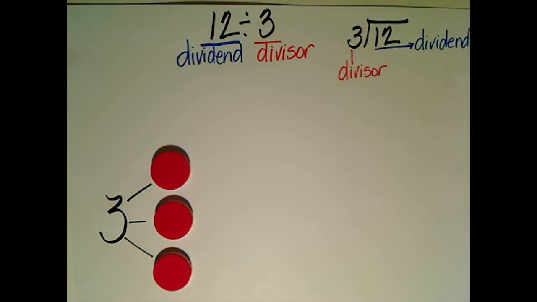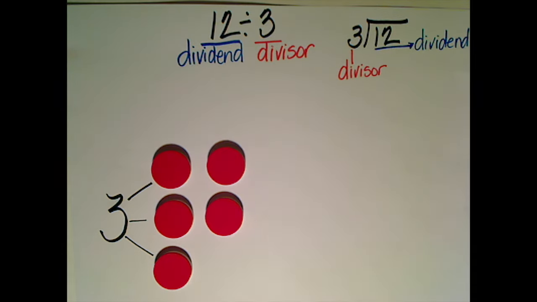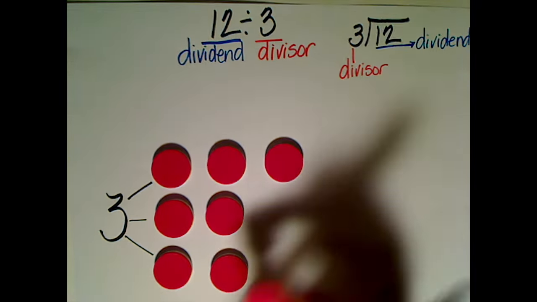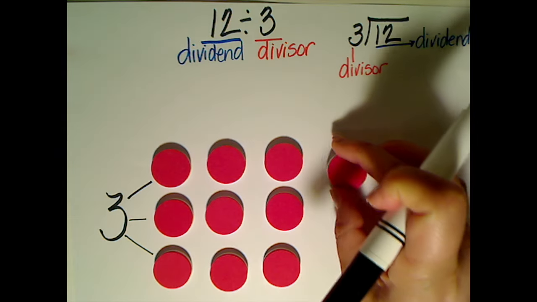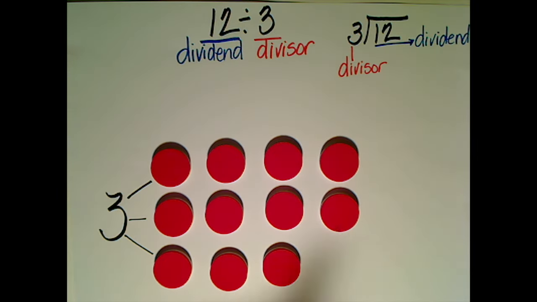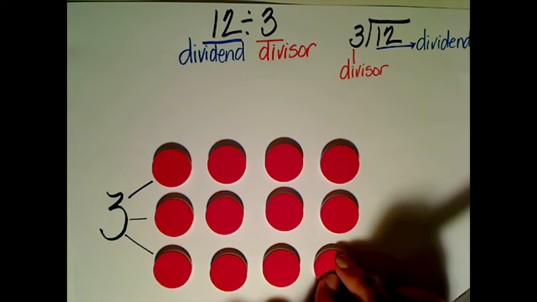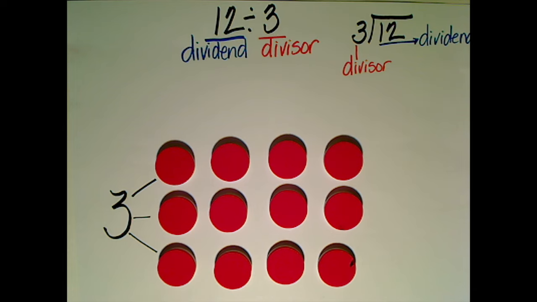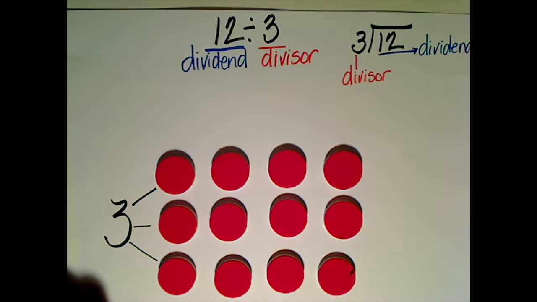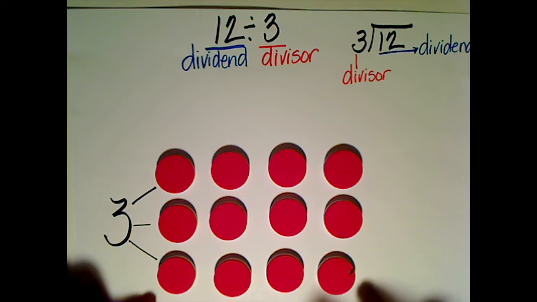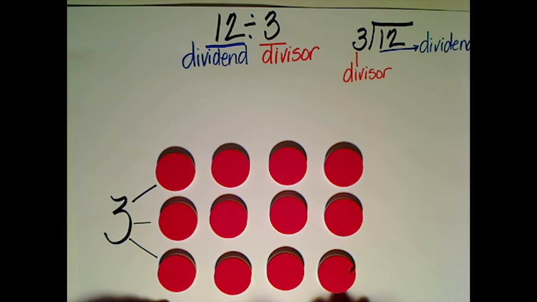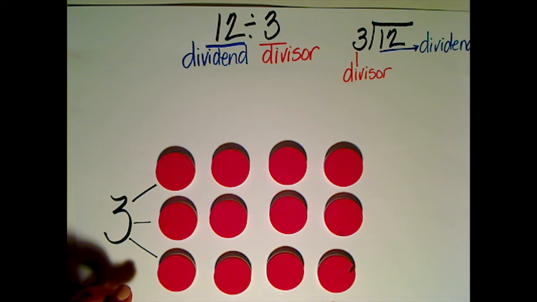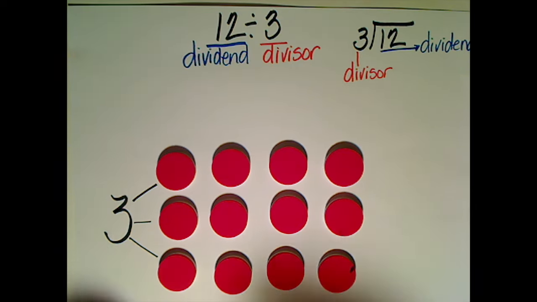Now we have 12, so we want to place our 12 down in these rows of 3, or groups of. So now we are going to separate or divide our array of 12 counters evenly into 3 groups of a certain value.